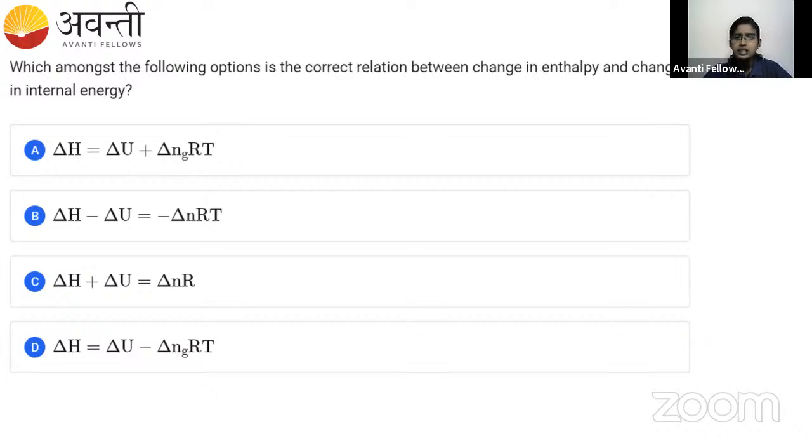What is the correct answer? Yeah, very good. It is option A, right? So delta H is equal to delta U plus delta ng RT. Option A is the correct answer.